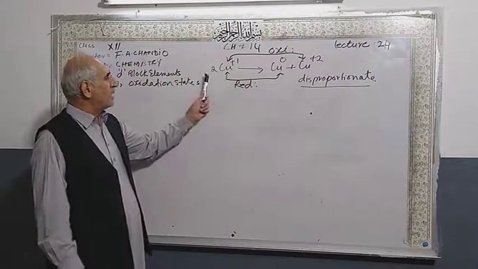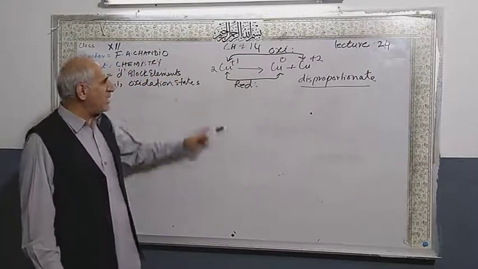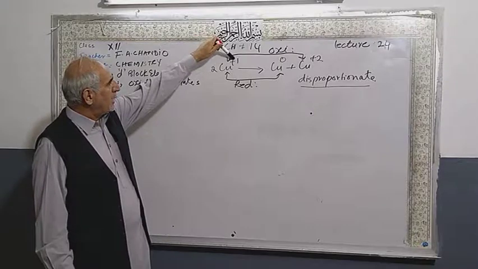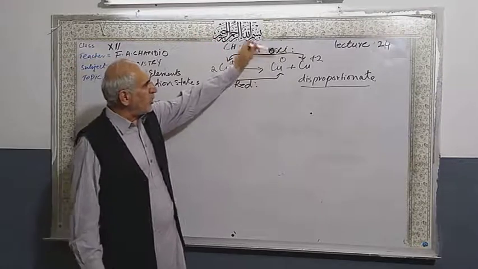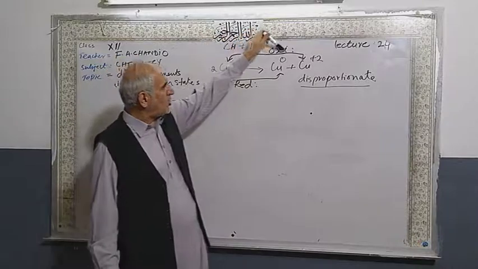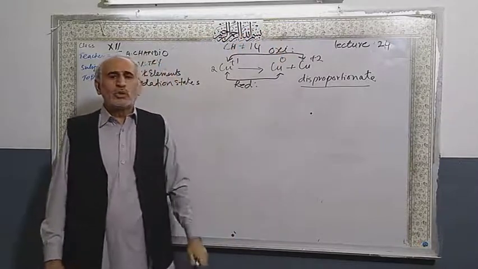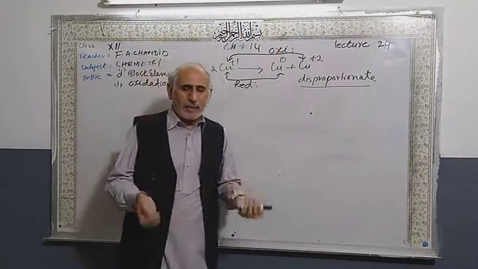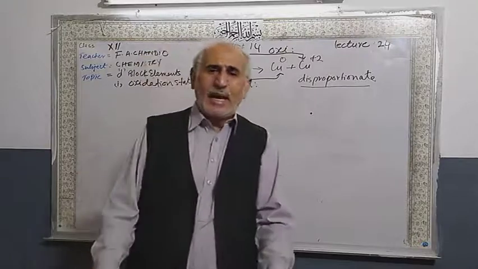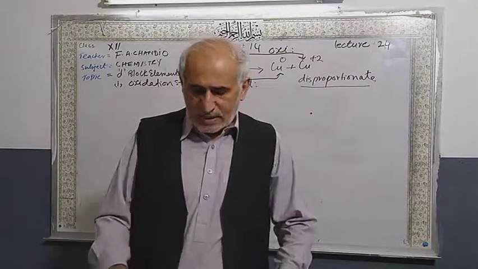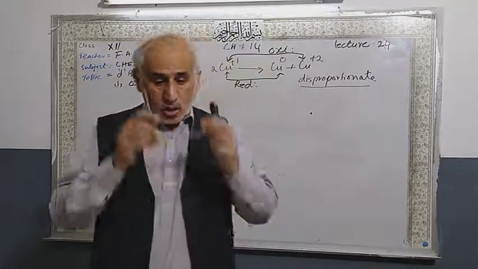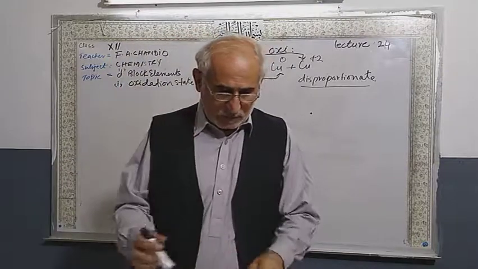Here copper 1 is reduced to form copper 0 and copper 1 is oxidized to form copper 2. So the same copper is oxidized and reduced. This is called disproportionation.